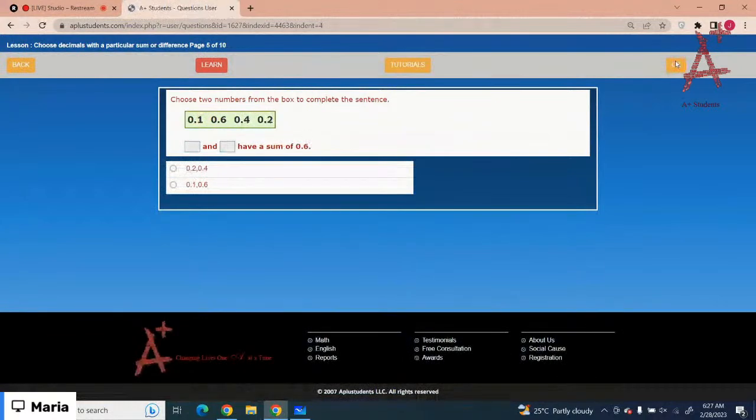Okay, the next one is choose two numbers from the box to complete the sentence. Dash and dash have a sum of 0.6. So which is the correct option? Which two numbers have the sum 0.6? So which is the correct option?